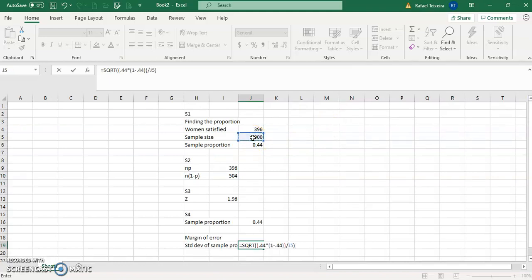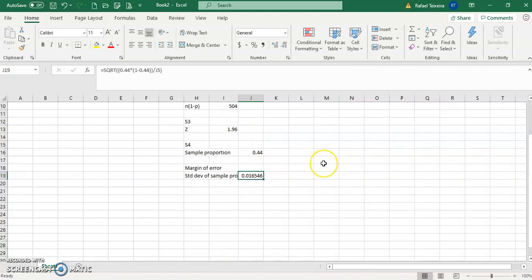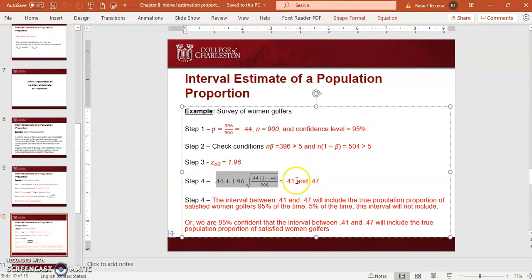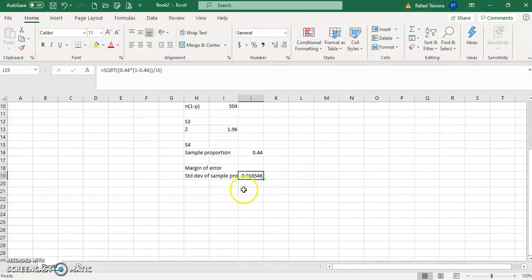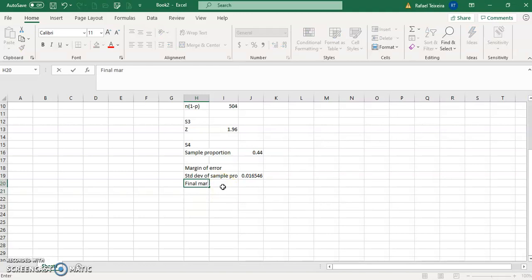I close parentheses, and the standard deviation of the sample proportion is 0.016546, and the final margin of error is equal to this standard deviation of the sample proportion multiplied by the z-score.